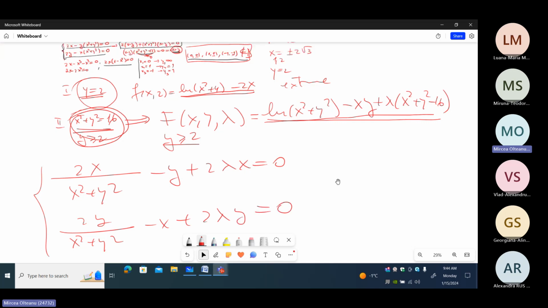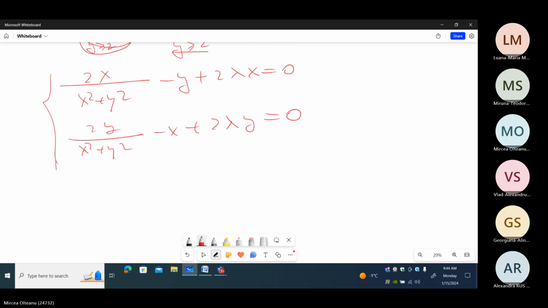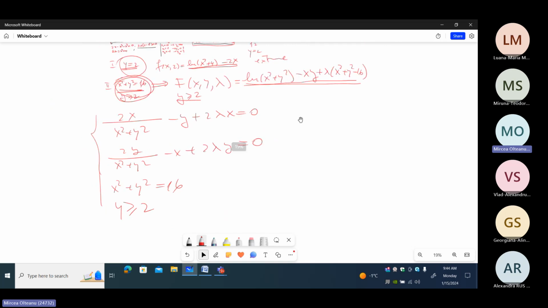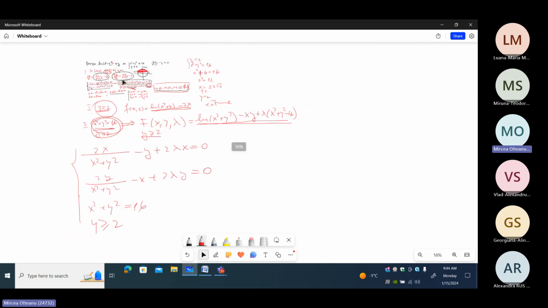And of course, x squared plus y squared equals 16, and y greater or equal than 2, because we are on this circle, but attention, only that piece of the circle which is above the horizontal line y equals 2.